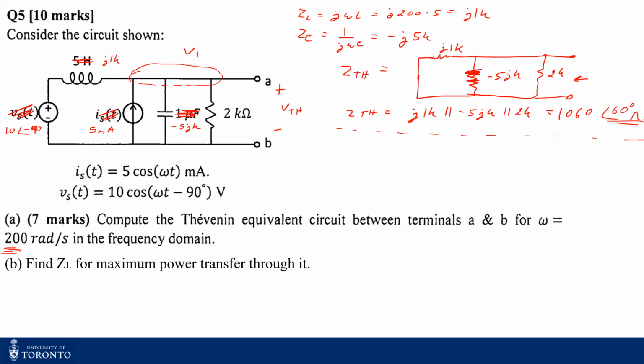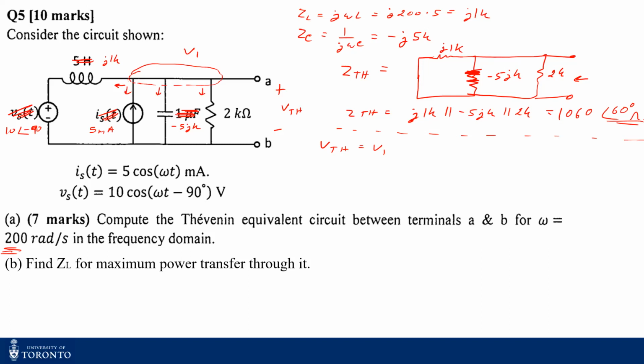If I write this as V1, my V Thevenin will be just the nodal voltage V1. If I apply nodal analysis considering current going out from all the nodes, I have to consider 4 currents in this case.